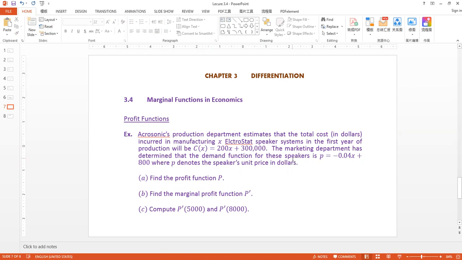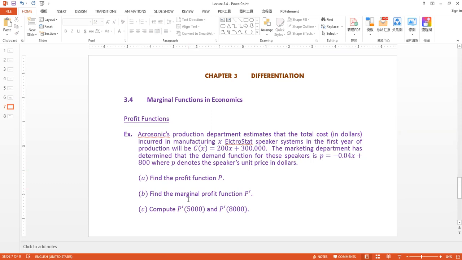So remember, the demand function is the price from the customer as a function of the sales x. Okay, so p is just the unit price for each speaker from the customer side.